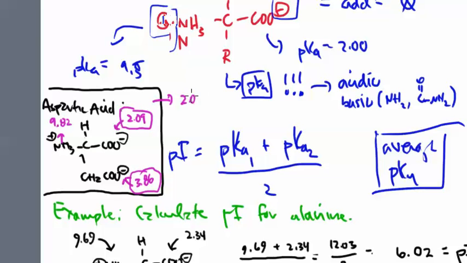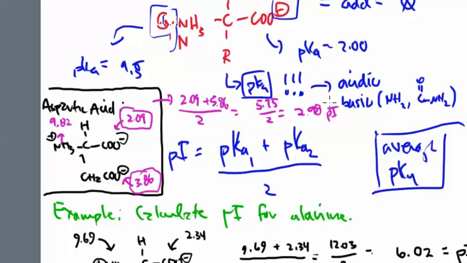So I'll take 2.09 plus 3.86, and then I'll divide that by 2. So 2.09 and 3.86, that is 5.95, and then I'll divide that by 2, and I'll get 2.98 as the pI value.